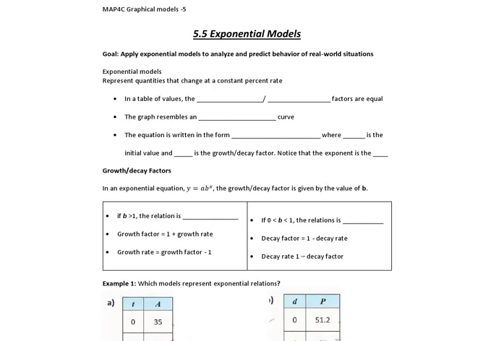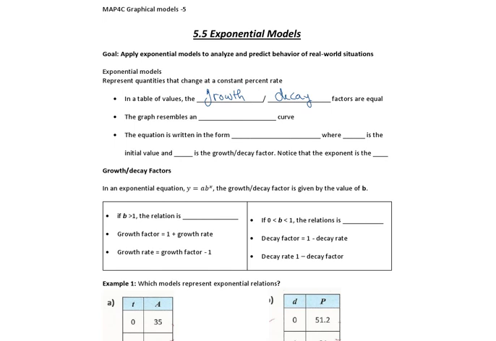So in a table of values, the growth or decay factors are equal. Remember that we talked about in linear and quadratic, it was the first difference and the second difference that were equal, right?